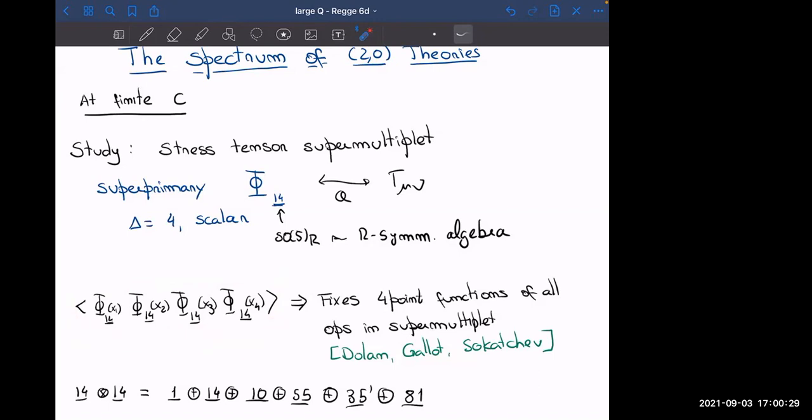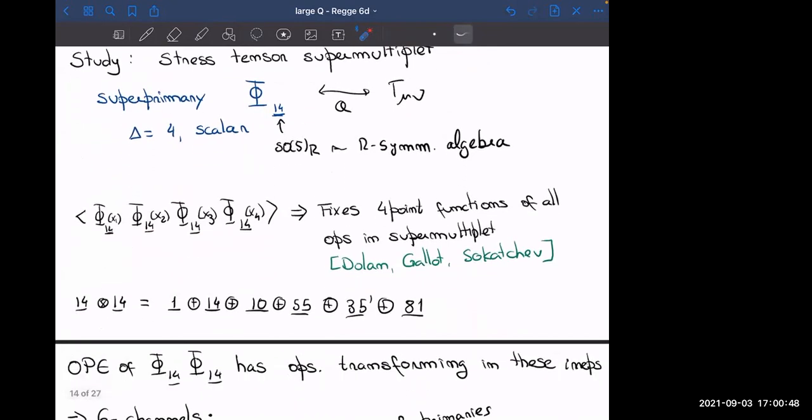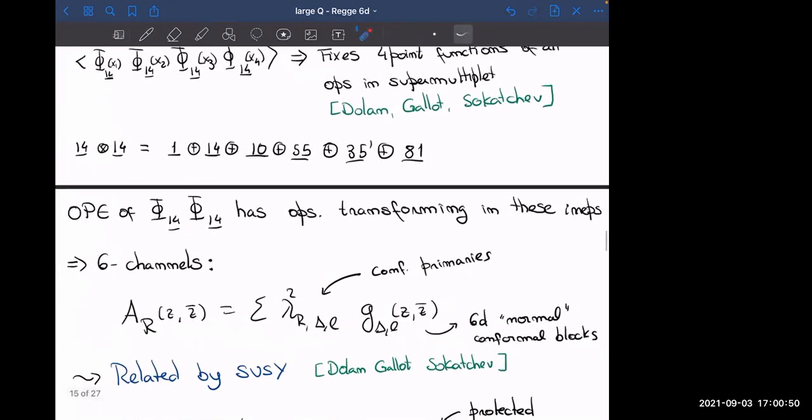So these guys are scalars, which makes life much easier, but they do transform in some non-trivial representation of the R symmetry, which means that when you take the OPE, you'll have operators appearing in all representations that appear in the tensor product of 2 14s, and I've listed the representations here. So this means we have 6 R symmetry channels.